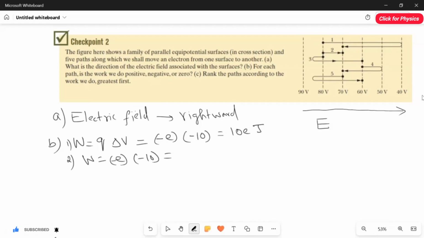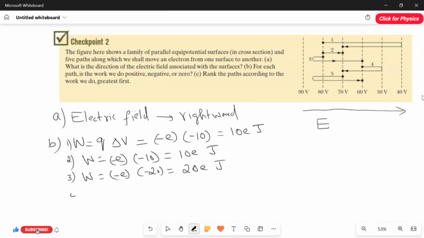Again we got 10 times E, and the unit for the work is joule. For the third path, it moved from 80 to 60, so 60 minus 80 is minus 20, and the charge is minus E. So minus E multiplied by minus 20, we got 20 E joule.